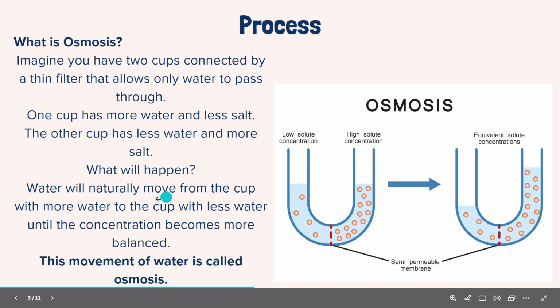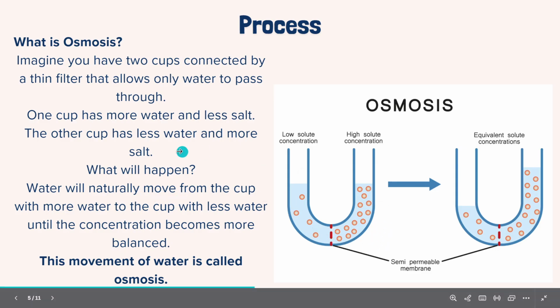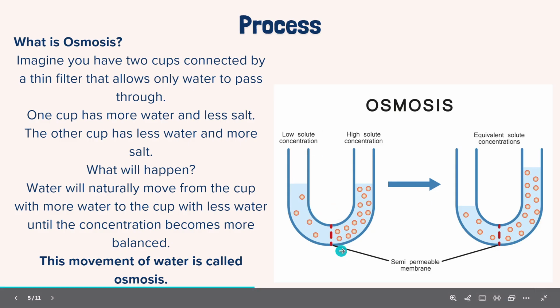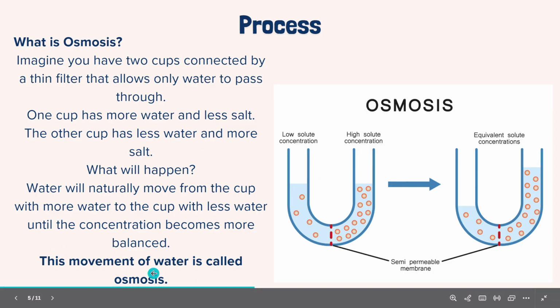Water naturally moves from one region to another. So we can define osmosis as the process in which water moves through a semi-permeable membrane from a region of low solute concentration to a region of high solute concentration.